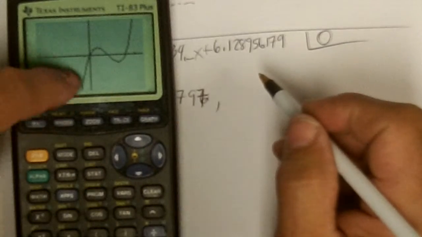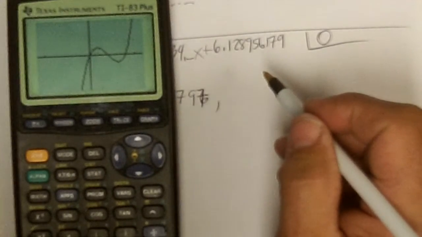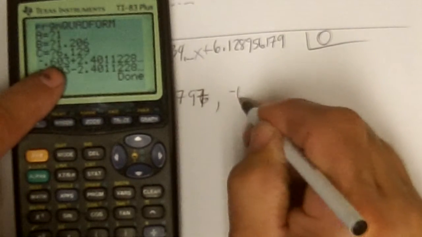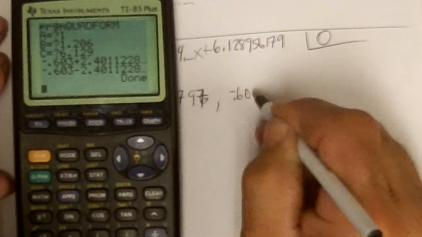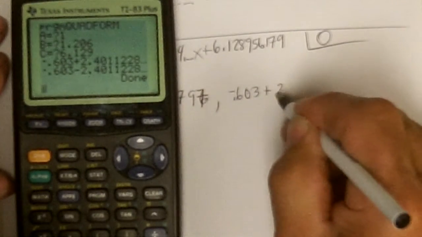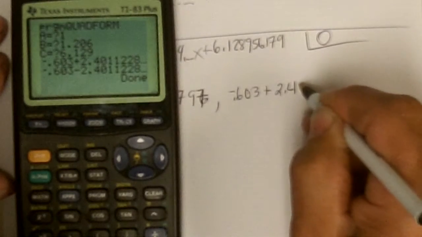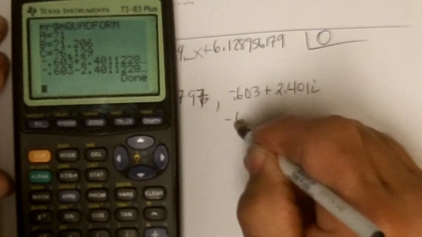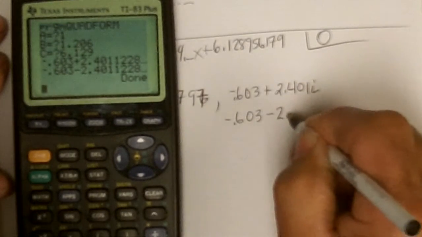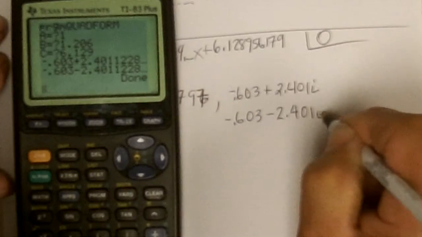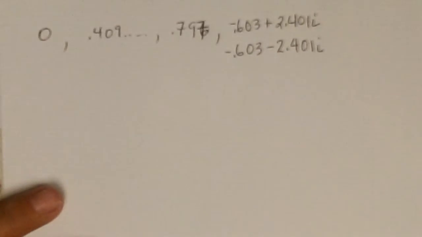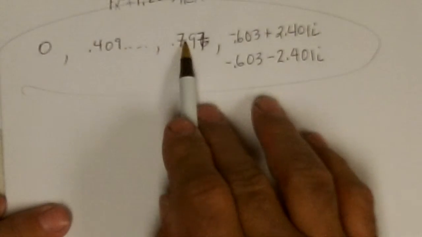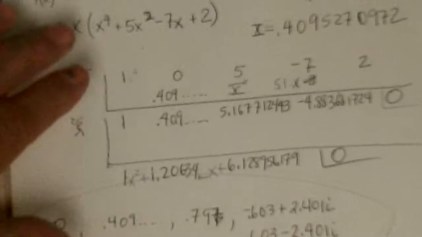If I push graph again, it only hits in these three places, so the other two have to be imaginary. So if I go back to here, I see it's negative 6.603 plus 2.401i, and the other one is negative 6.603 minus 2.401i. So there are the 3 real and 2 imaginary zeros to this thing.